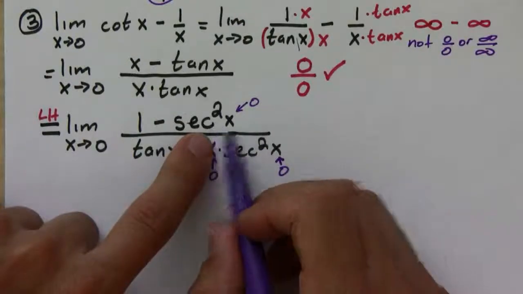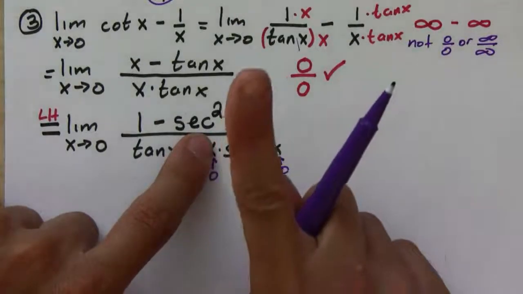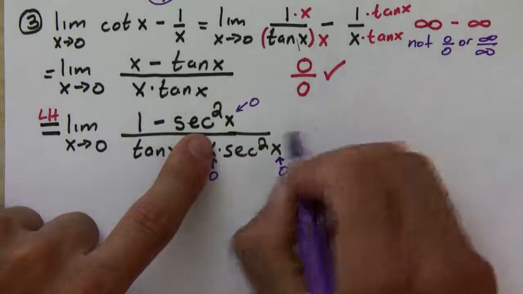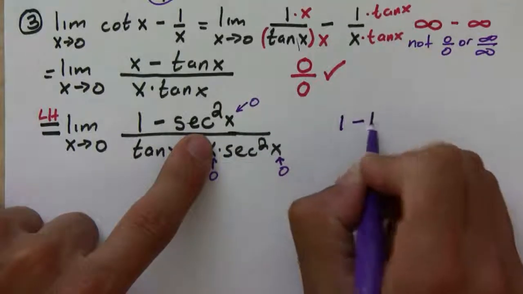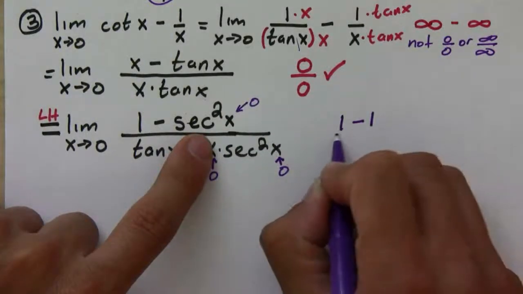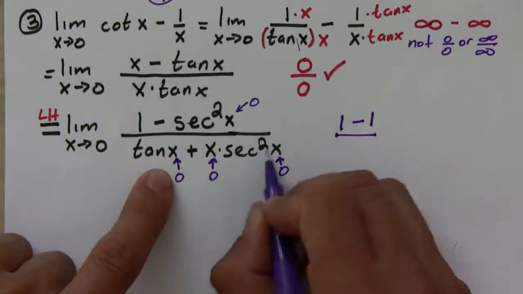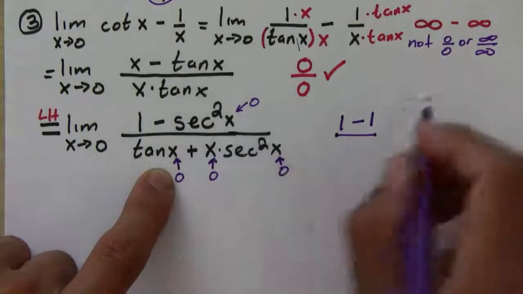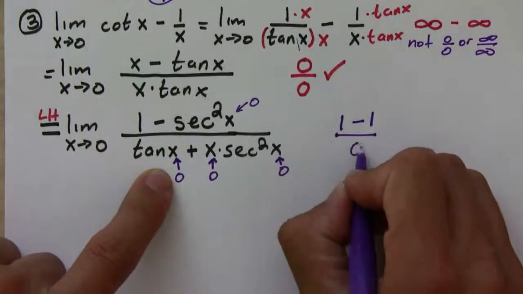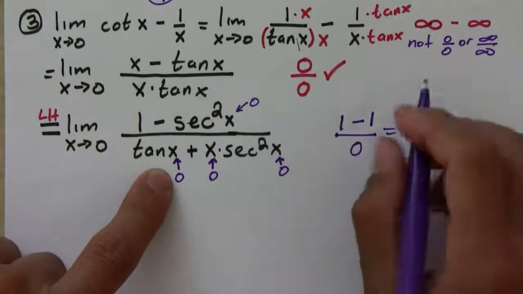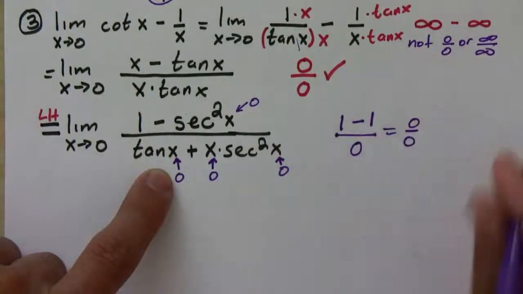Well, cosine of 0 is 1. So what I have on top is 1 minus 1 over, this is 0, it doesn't matter what this one is anymore because I'm multiplying it by 0, so the denominator is 0, so this is 0 over 0.